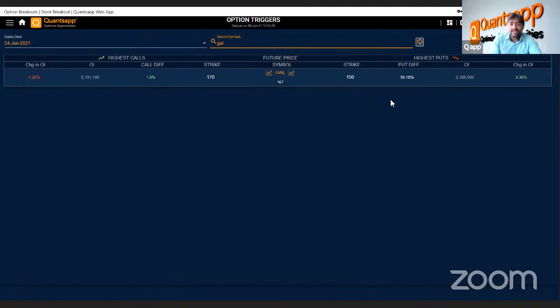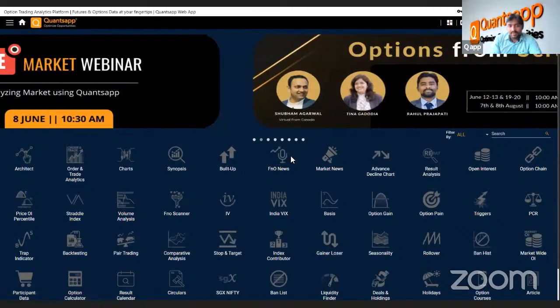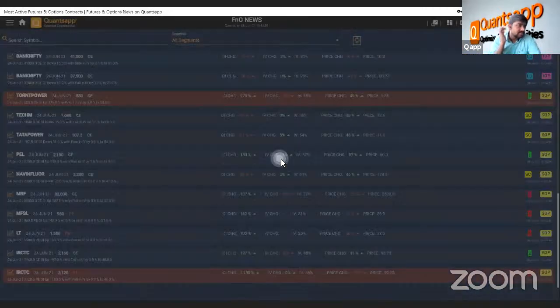Now we don't have any nearest strike price having major movements, like probably 160 or 165. We don't have any on the put side, but on the call side we have seen a bit of unwinding. Let's see how the stock moves today and tomorrow, and then we can have further analysis on this, right? Okay, now we can check here also.